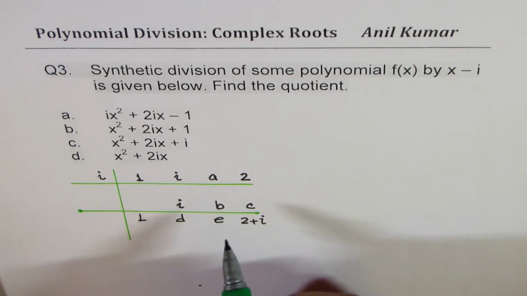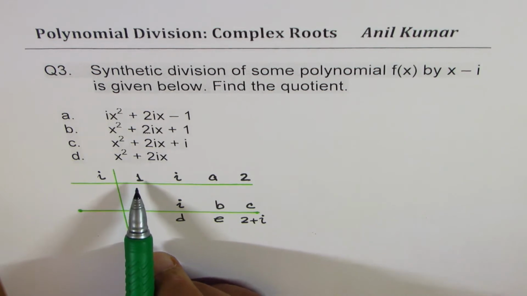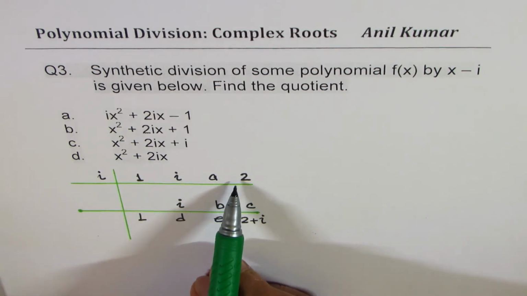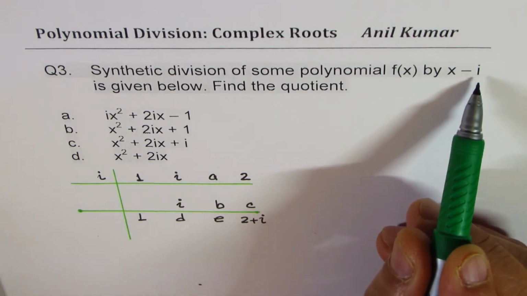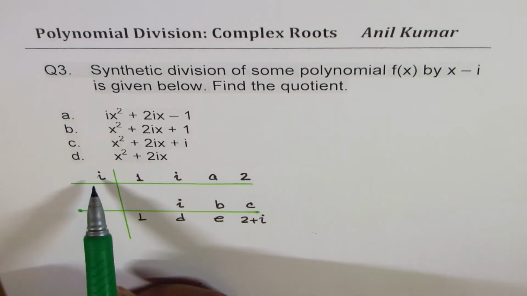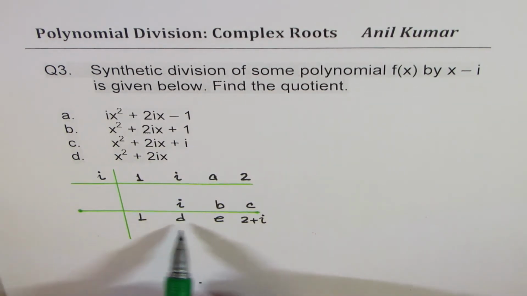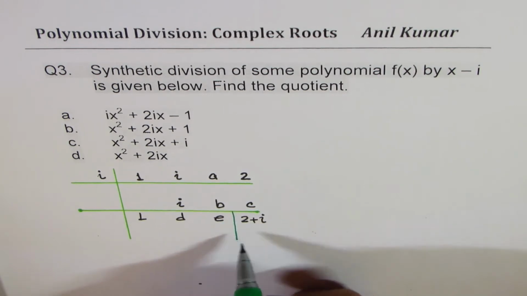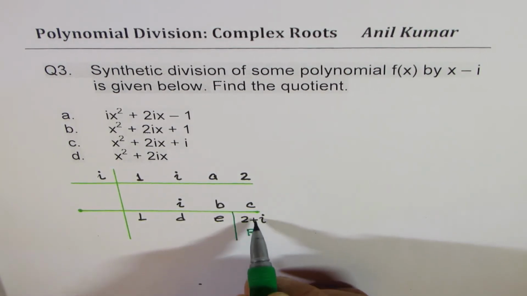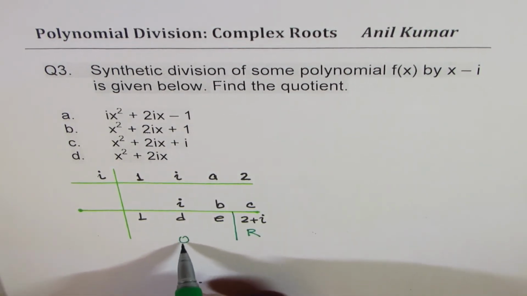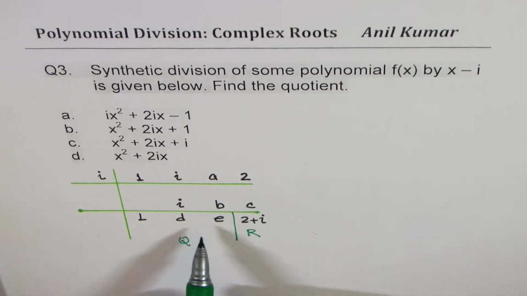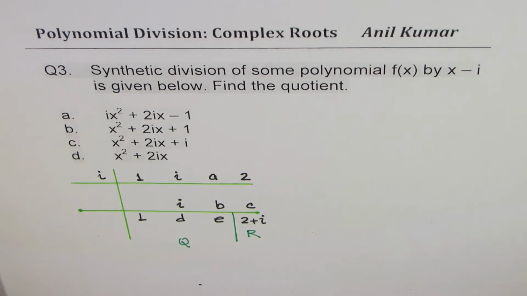From the situation, it seems that it's a cubic polynomial which is being divided by x minus i. So dividing by i, you get that as your quotient, and 2 plus i is your remainder. This part is the remainder and that part is the quotient. And clearly the quotient has to be a quadratic function.